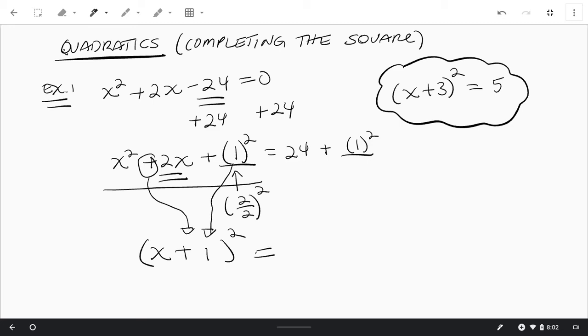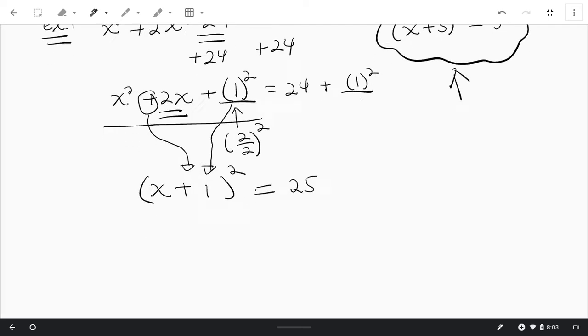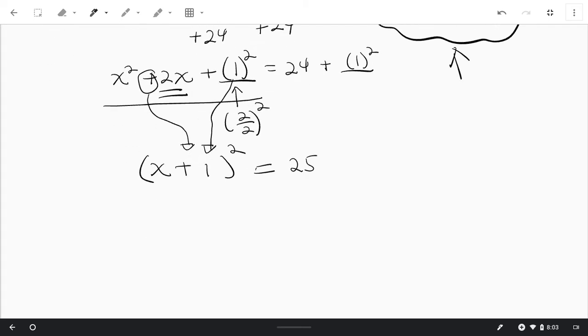Okay, and on the right-hand side, I get 25. So now I have a form that looks like this in here, which was my goal.